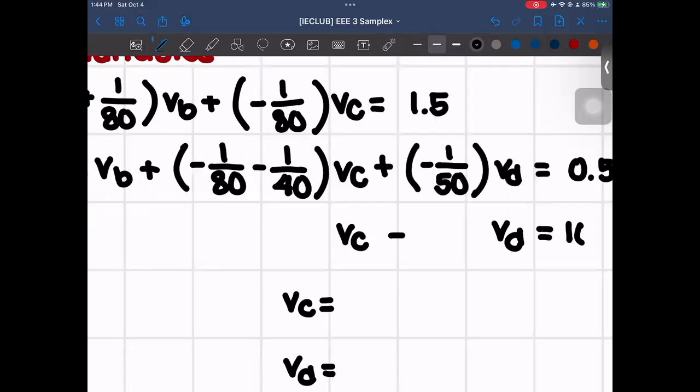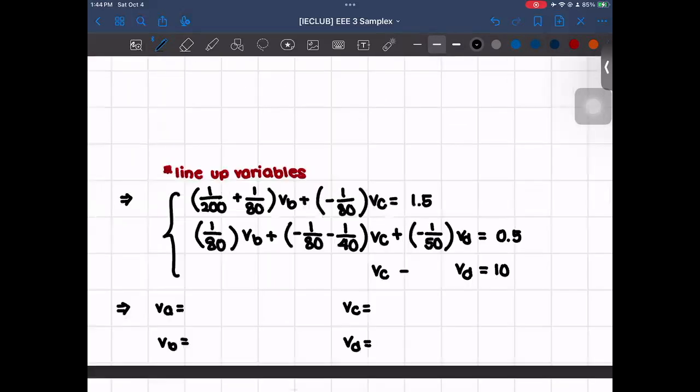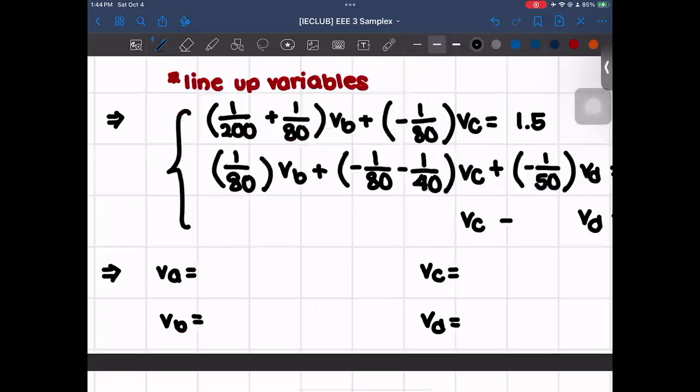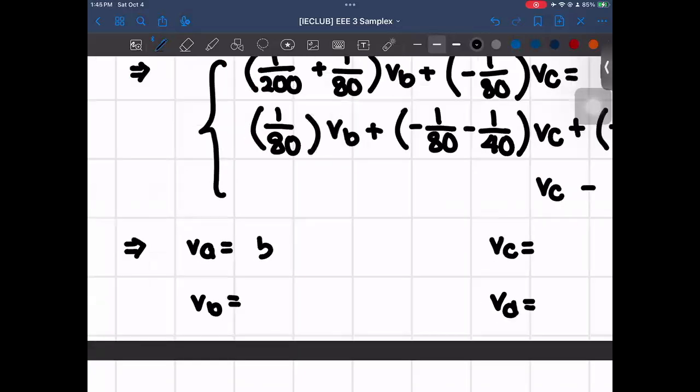And so we already have these values here. And what we could do is just plug it into our calculator, so we could just use the systems of equations. When we do that, we could actually find the values for each of the variables. So VA would be equal to 50 volts, which is already determined early on.